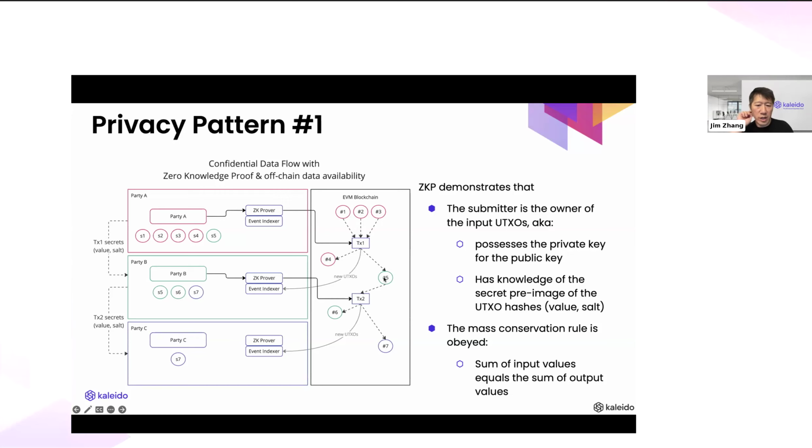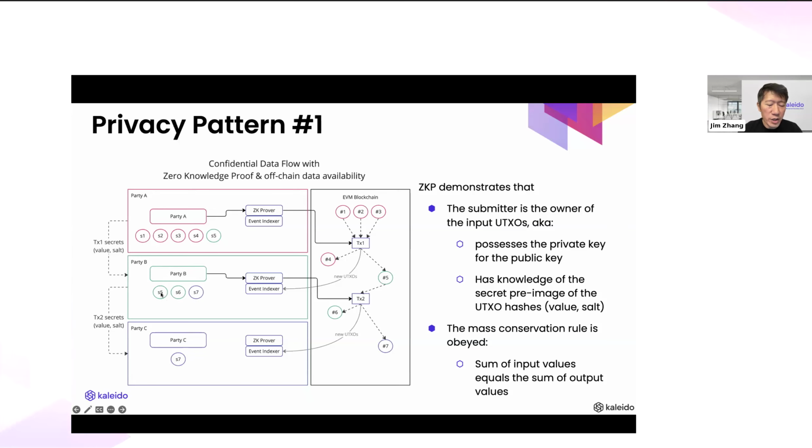Those are just hashes. And corresponding to these hashes, the private states belong to the owner of them. They're private because only the owner of those private states knows what they are. So party A owns 1 through 5, party B 5 through 7, and party C knows 7.